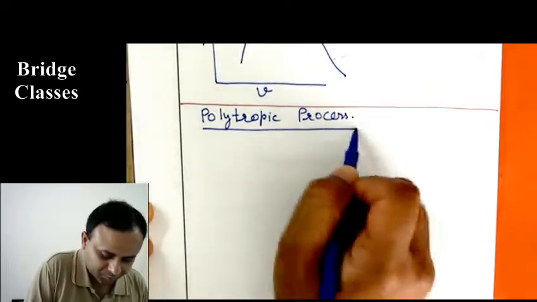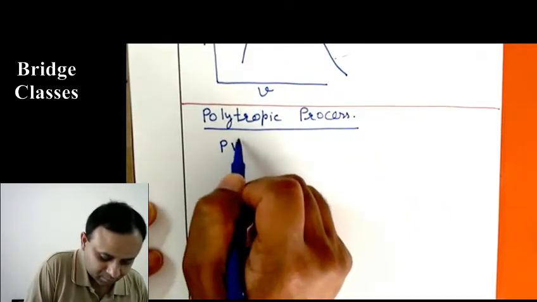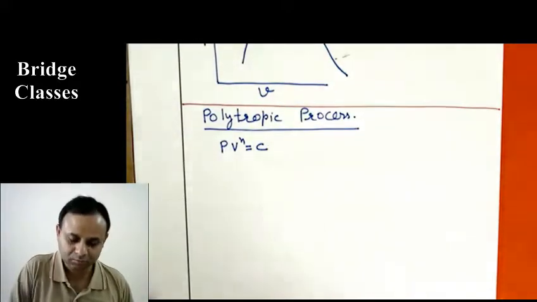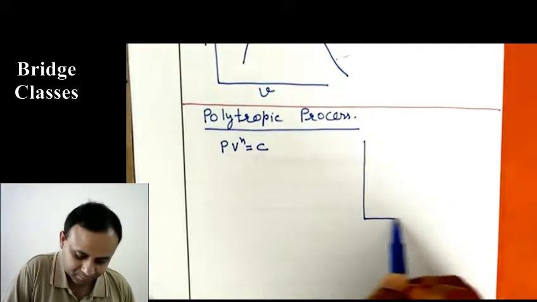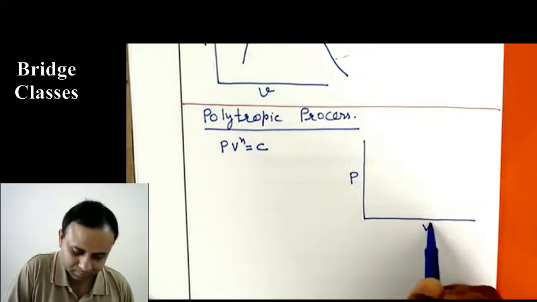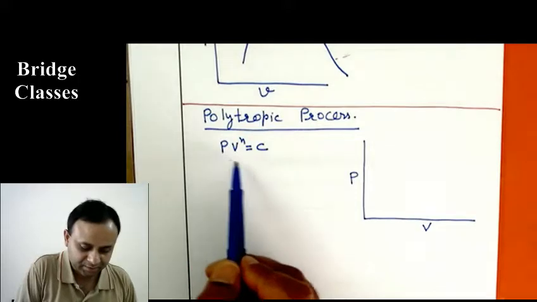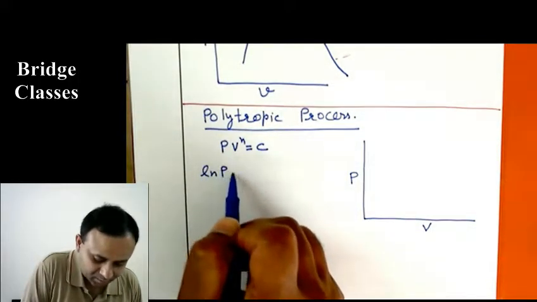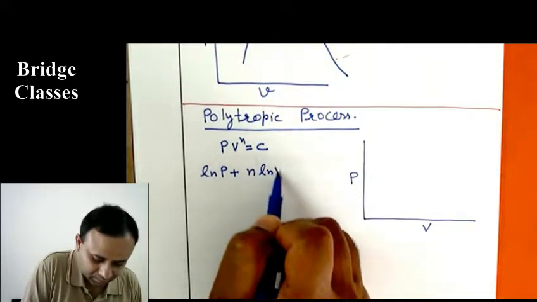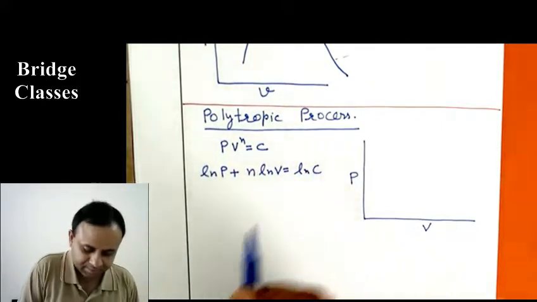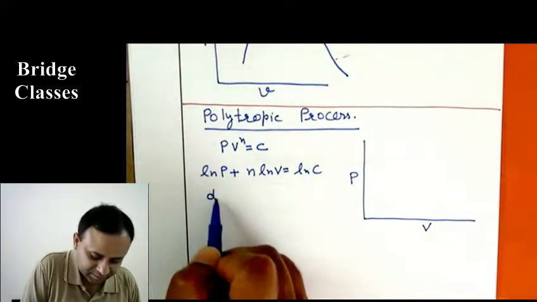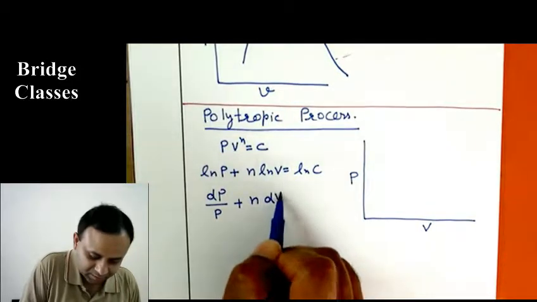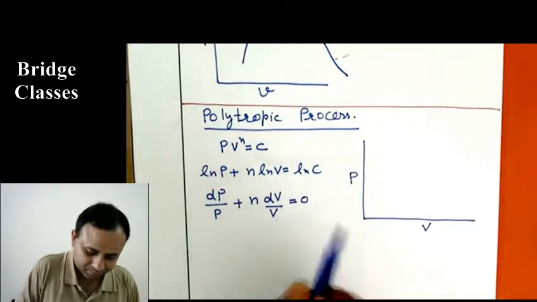Okay, so for a polytropic process, that is PV to the n is constant, let us first see how this process looks on a pressure volume diagram. If I differentiate this after taking log, I can first write log P plus n log V is log C. Now I differentiate this, and it becomes dP over P plus n dV over V is 0.